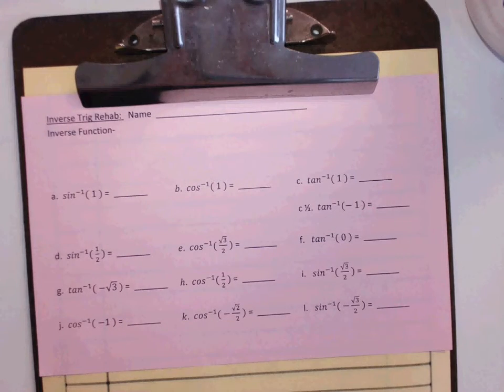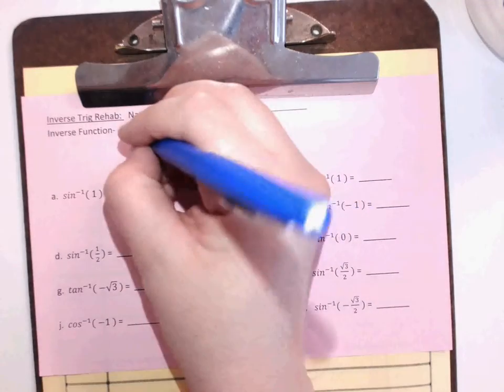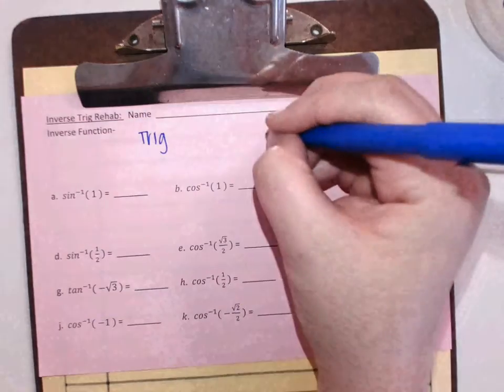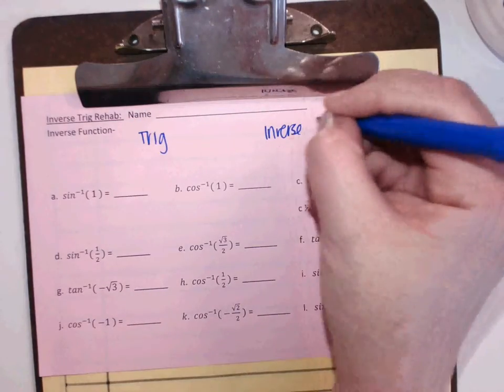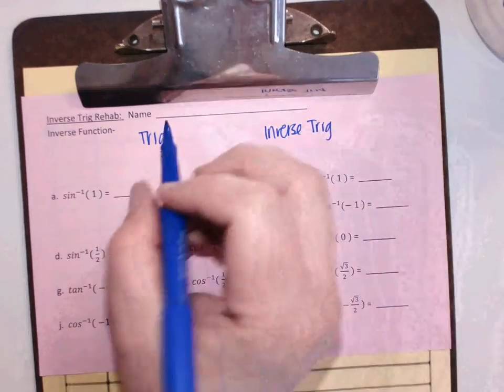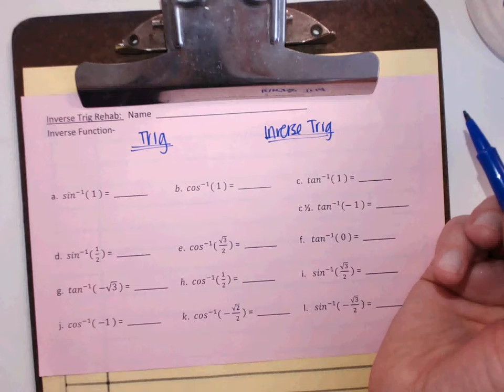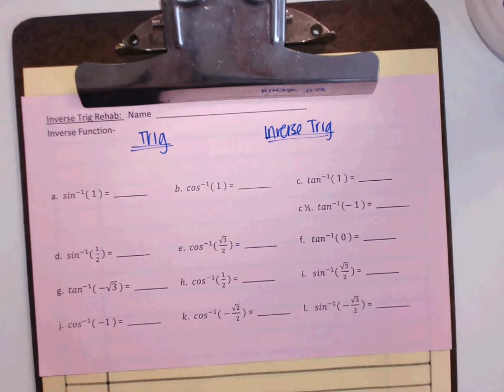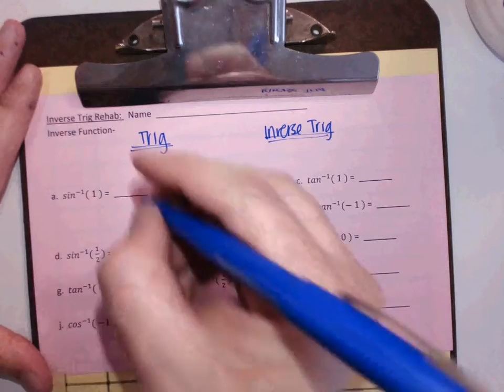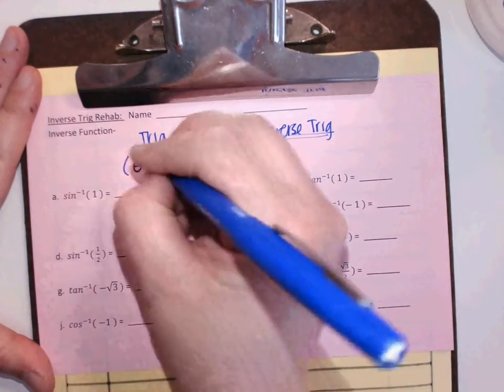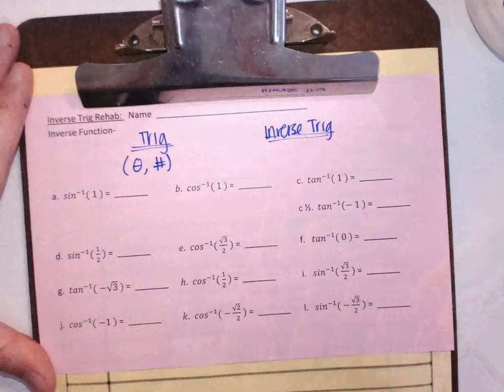Okay, so for a regular trig function, your point is a theta and then a number.